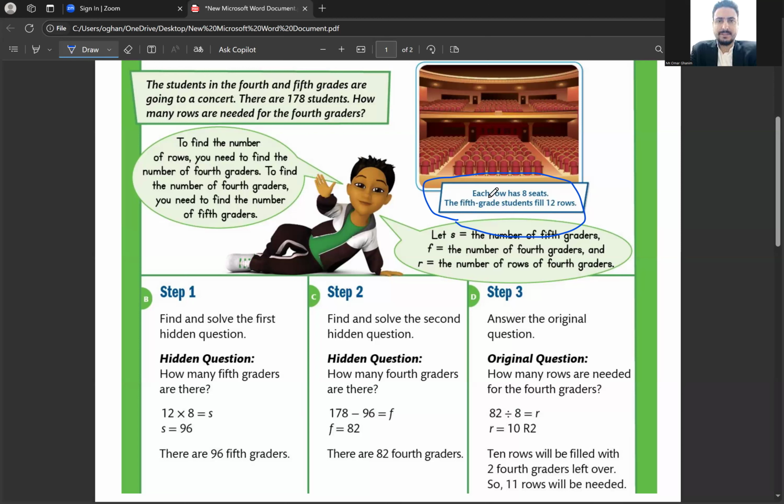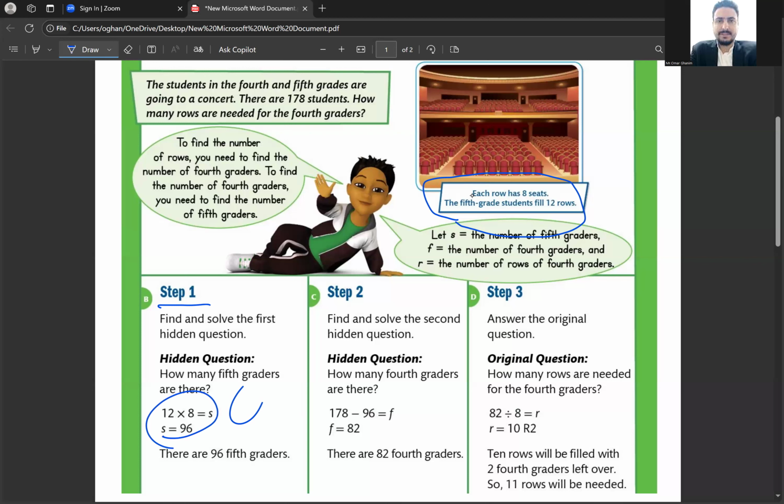Okay, so if we have 8 seats in each row, and the 5th grade fills 12 rows, then in step 1 we find the number of students in grade 5, which will be 12 times 8.